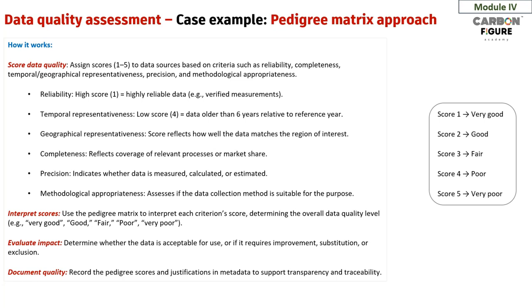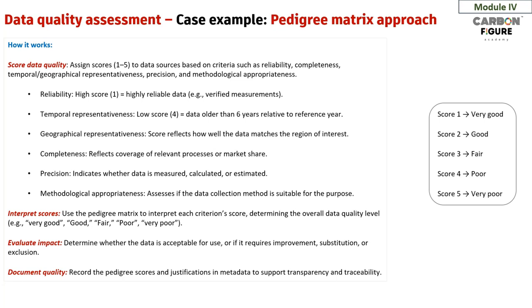For geographical representativeness, the score reflects how well the data matches the region of interest, whereas completeness reflects coverage of relevant processes or market share. In case of precision, it indicates whether data is measured, calculated or estimated. Finally, methodological appropriateness assesses if the data collection method is suitable for the purpose.